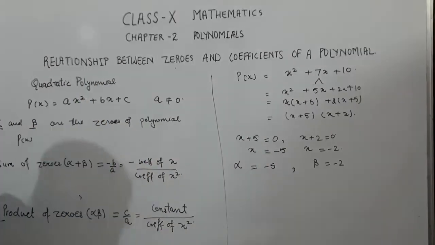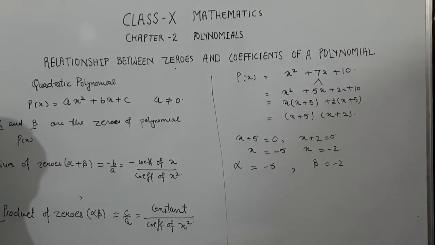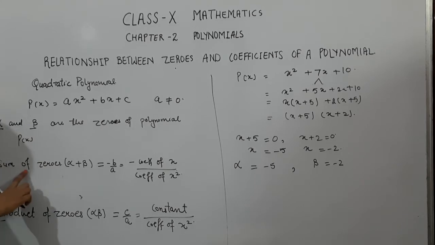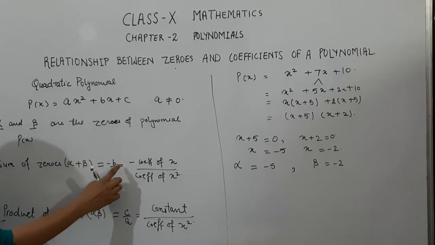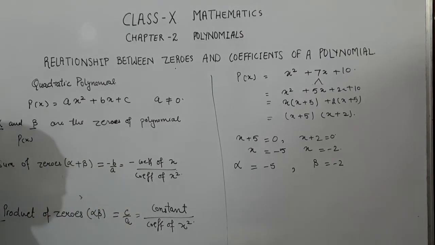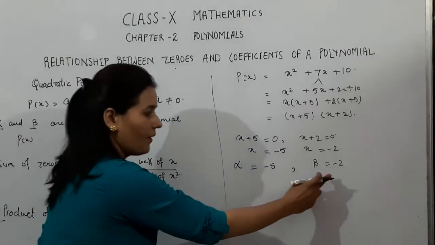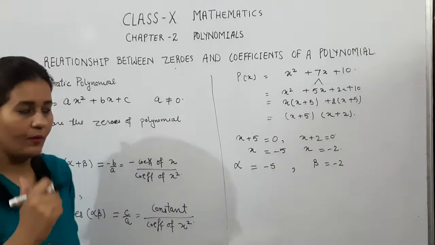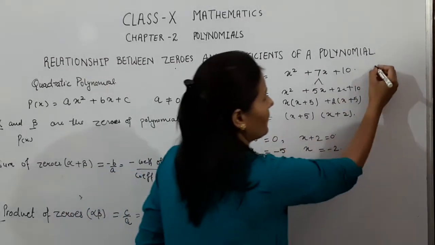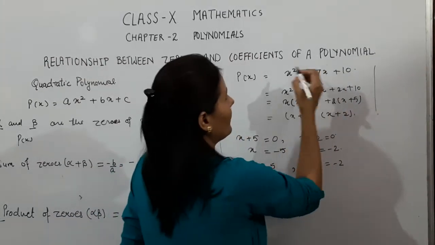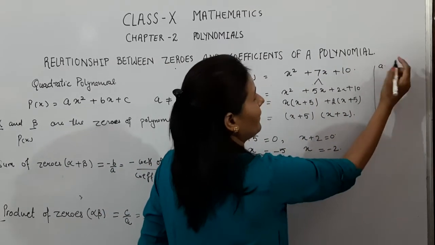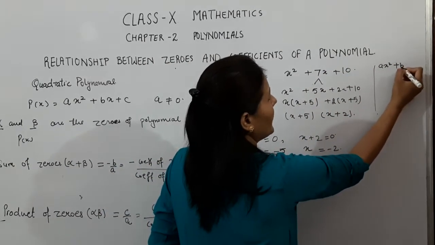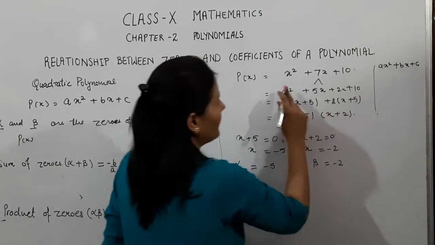Now let's verify the relation. What was the relation? The sum of zeros, alpha + beta, should be equal to minus b upon a. We will add these two and check the coefficients. Let me write the coefficients once. Compare this with ax² + bx + c and write the coefficients.